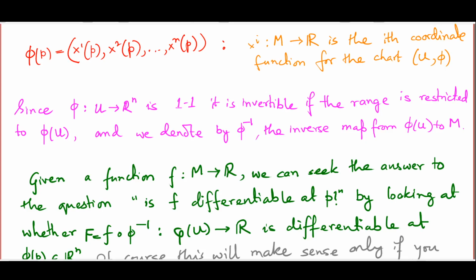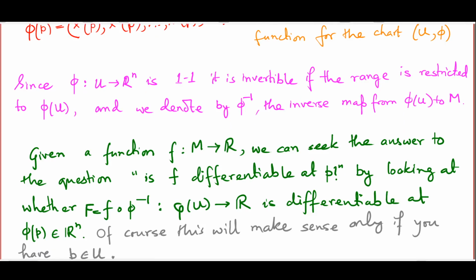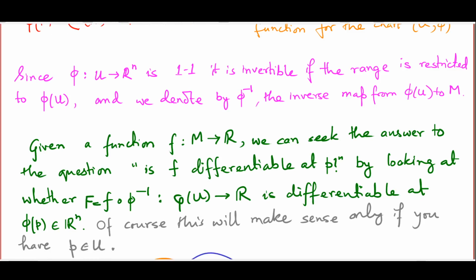Of course, for all this to make sense, P must be contained in U. So, if you have only one chart U, phi in your hands, and you want to talk about differentiability of a function at a point which is not within U, then you are out of luck. We will see what to do in that case soon.